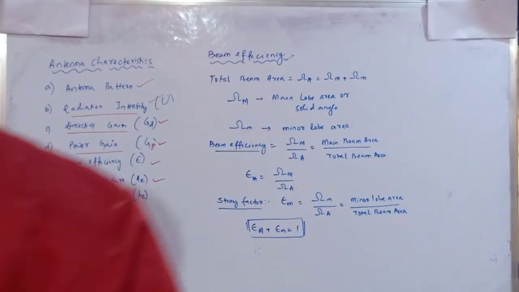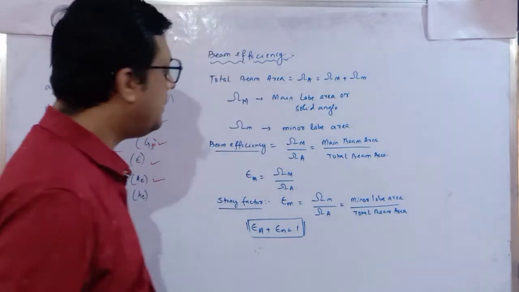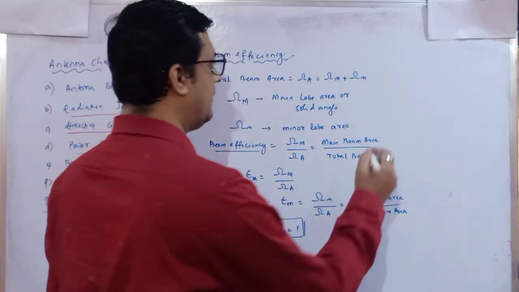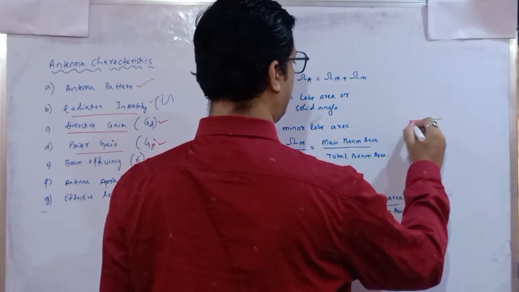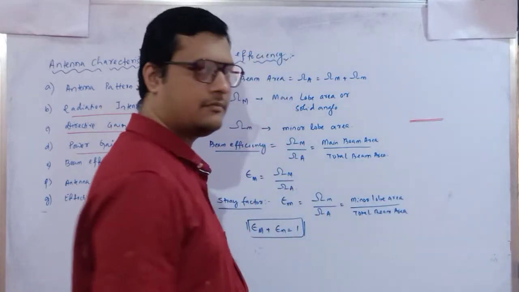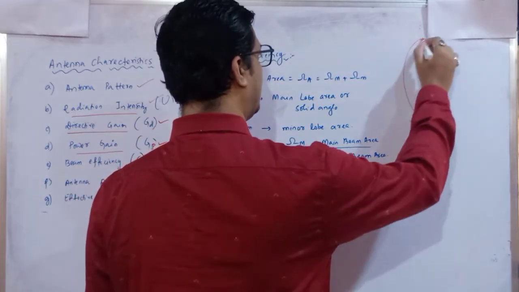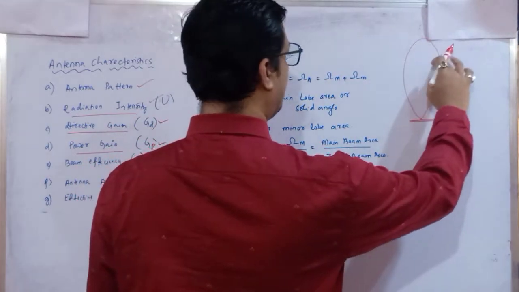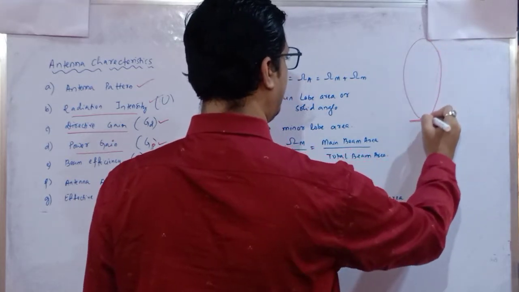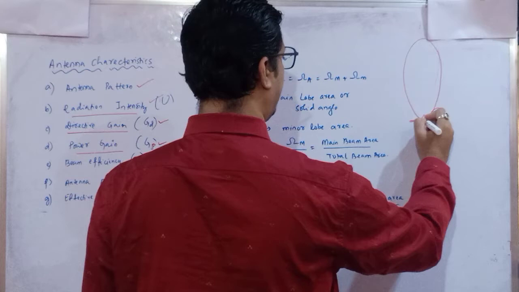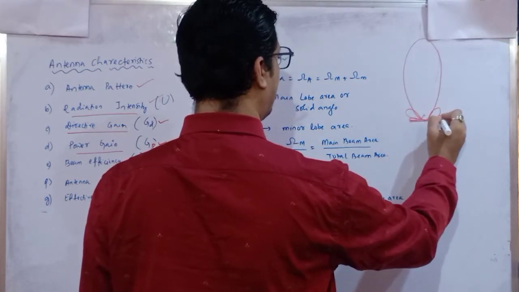Okay, so beam efficiency. Beam efficiency means, let us consider this is a small radiating element. There are basically radiated fields identified with respect to the main lobe and the side lobes, minor lobes.